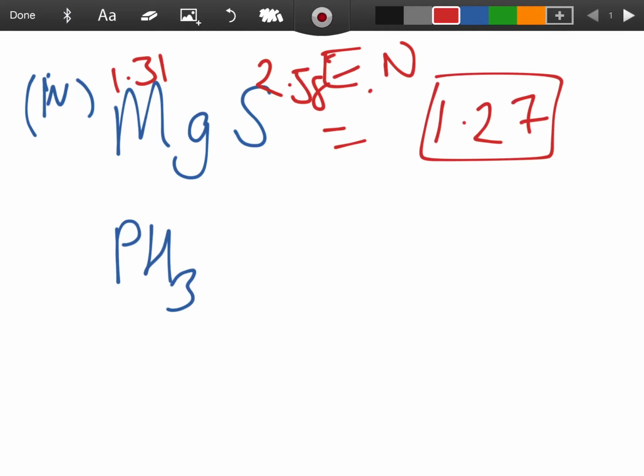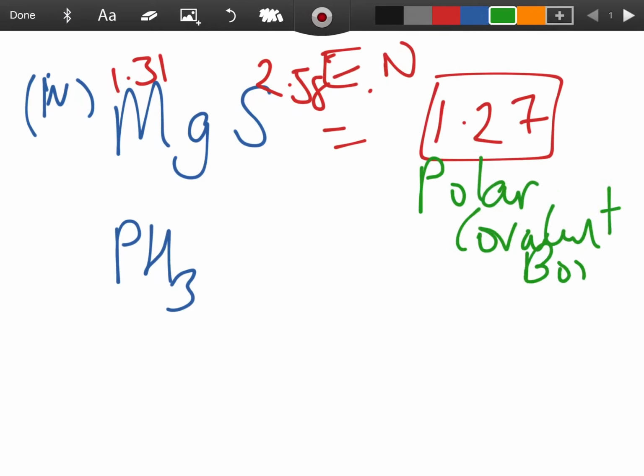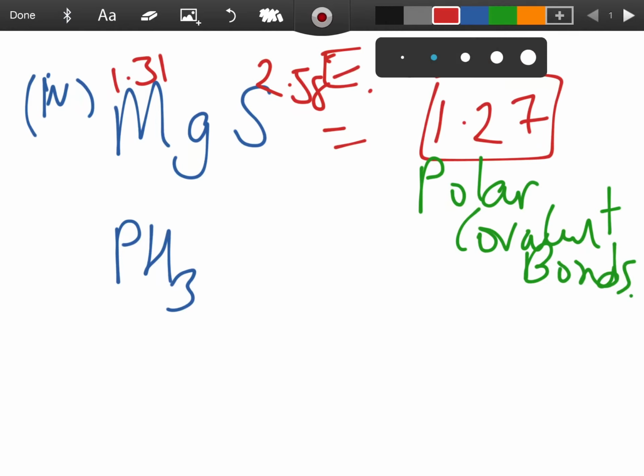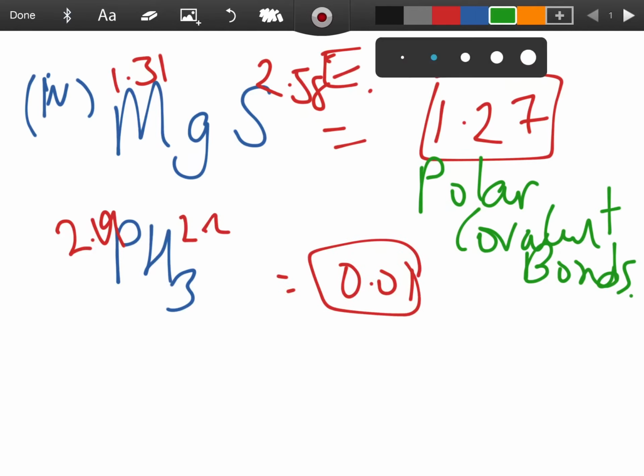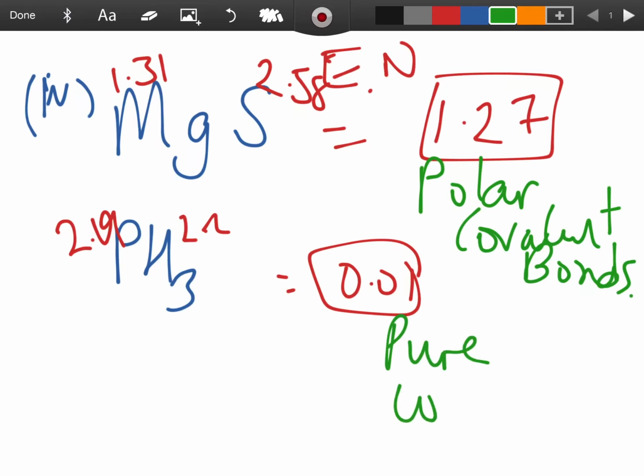Well, it's greater than 0.4, but it is less than 1.7. So I'm going to say that it's polar covalent bonding or polar covalent bonds, okay? Phosphine then, on the other hand, when you look up P, it's 2.19 and hydrogen is 2.2. So the difference there is 0.1. So that's going to be pure covalent, isn't it? The electrons are shared equally there in the bonds, all right?